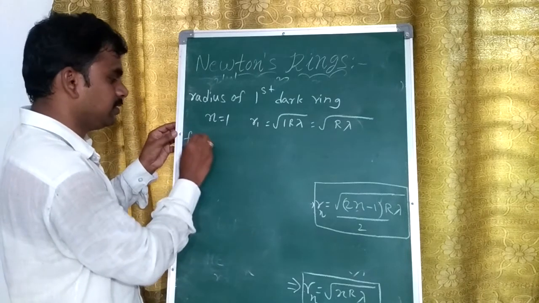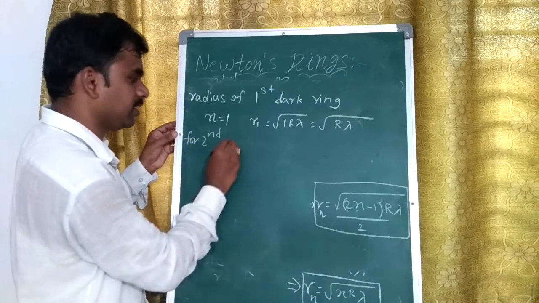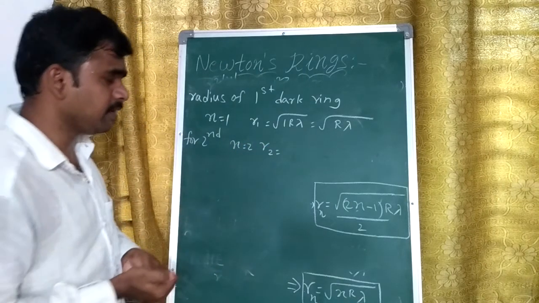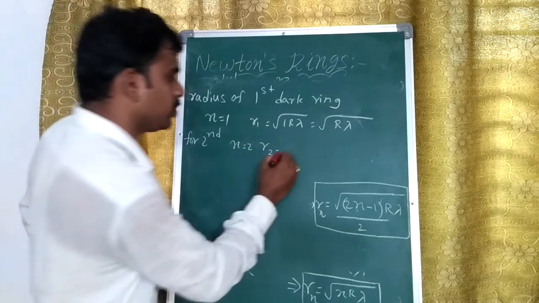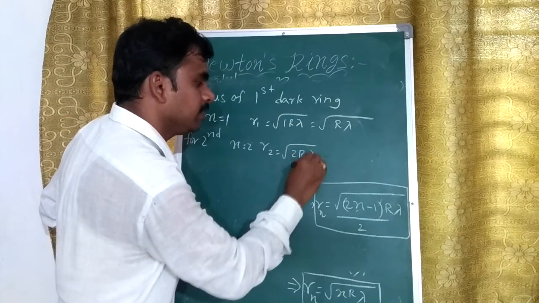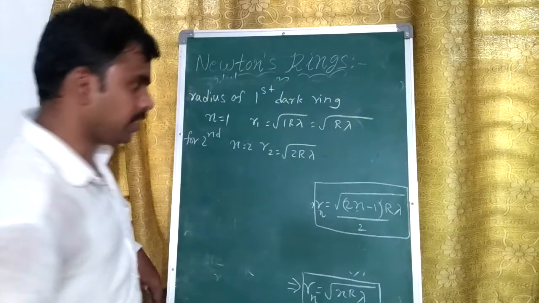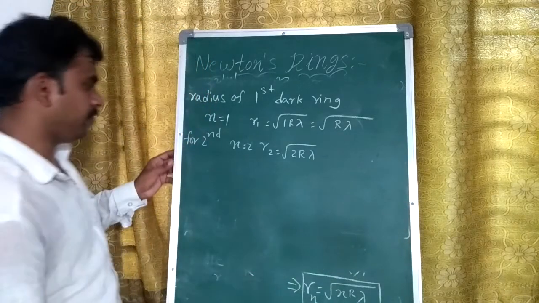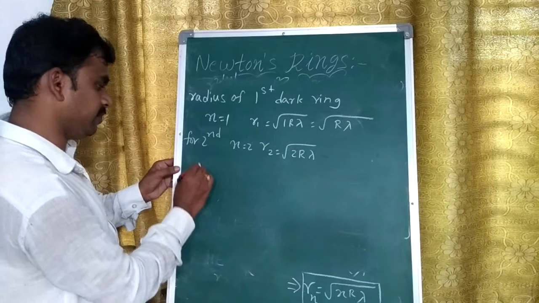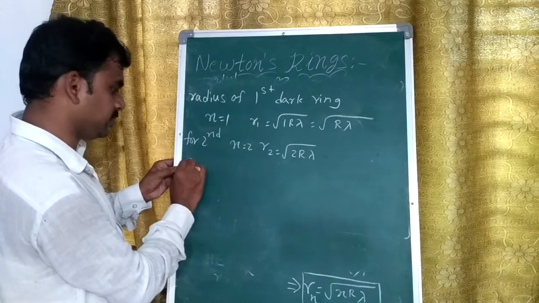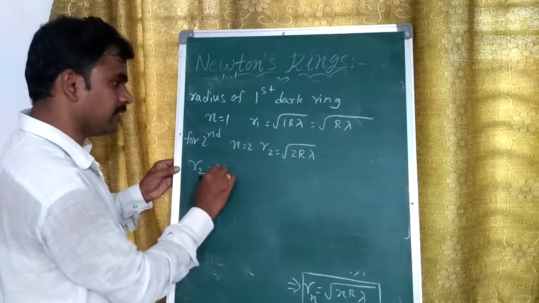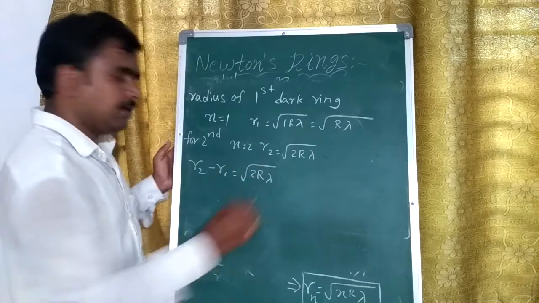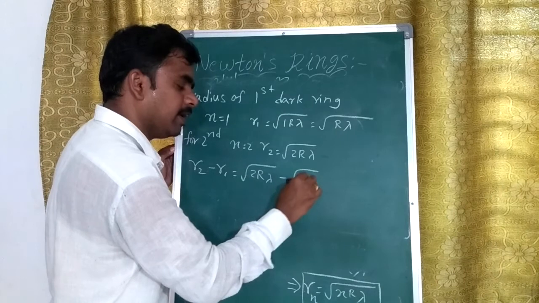For the second dark ring, n equals 2, r2 equals the square root of 2R lambda. Next, we calculate the separation between the second dark ring and the first dark ring, r2 minus r1. That implies the square root of 2R lambda minus the square root of R lambda.